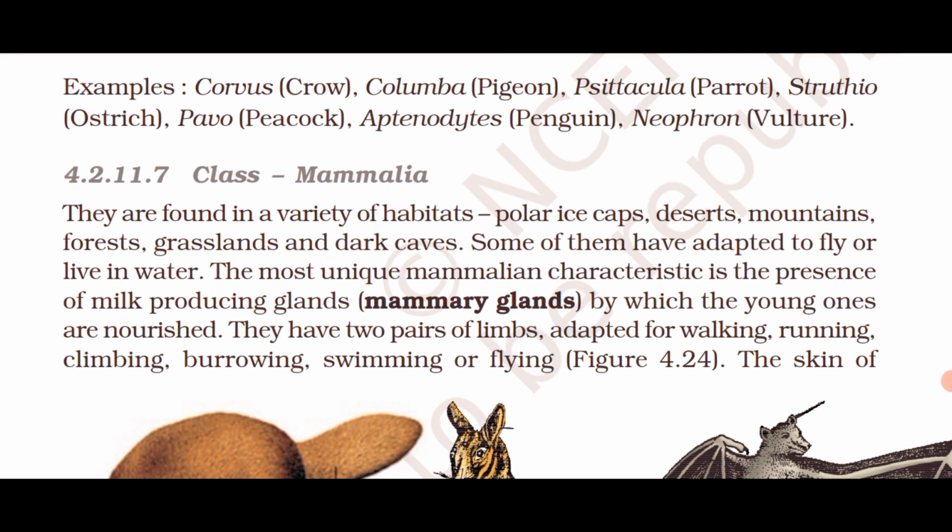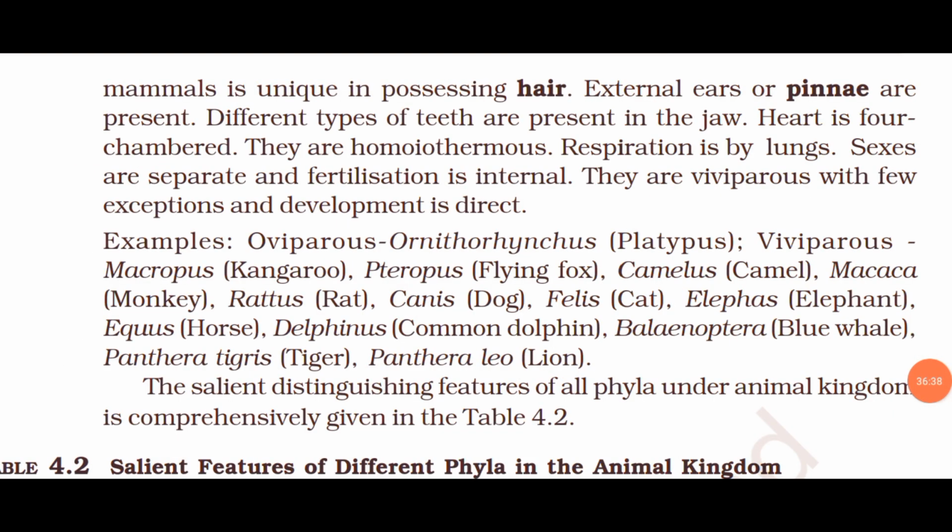The most unique mammalian characteristic is the presence of milk producing glands, mammary glands, by which the young ones are nourished. They have two pairs of limbs adapted for walking, running, climbing, burrowing, swimming, or flying. The skin of mammals is unique in possessing hair.